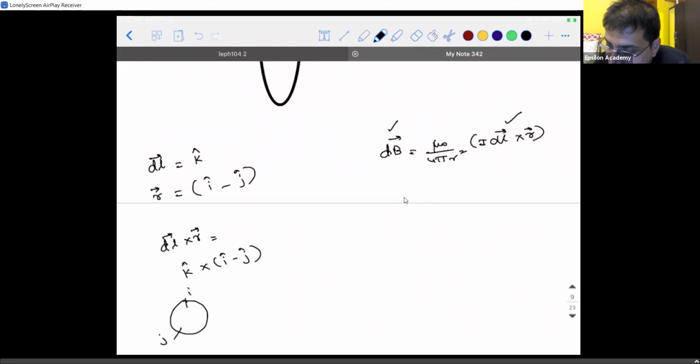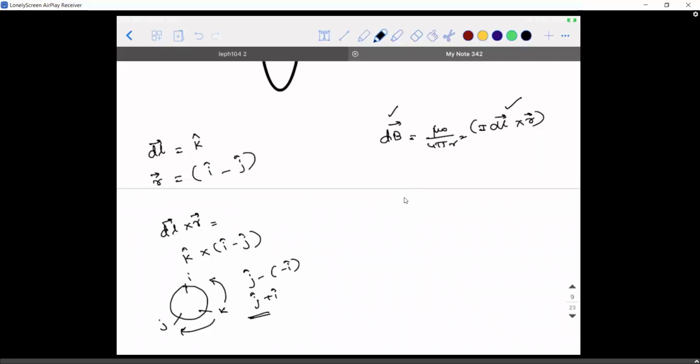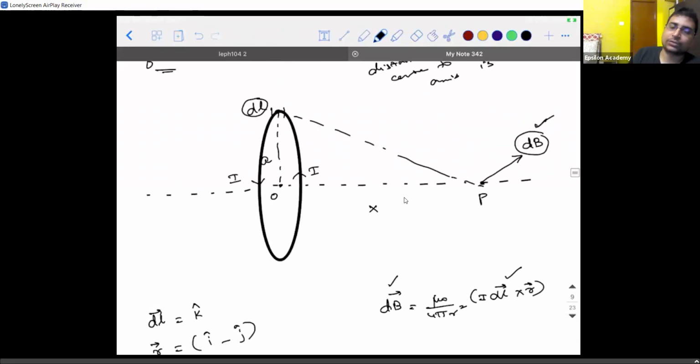This is i, j, k in the anti-clockwise direction. k cross i is j cap. Minus, what is k cross j? k cross j is minus i cap. So it is going to be j cap plus i cap. So if i and j both are positive, which quadrant is the vector going into? First quadrant, sir. First quadrant, and that is the reason why dB vector is going into the first quadrant.